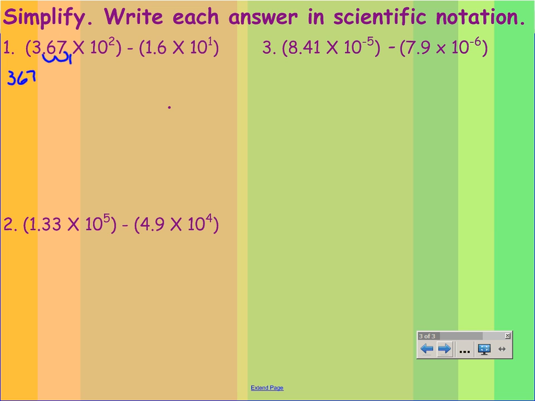And then 1.6 times 10 to the first, if I move the decimal one place to the right, really just means 16. So 367 minus 16, I bet you already caught that. 367 minus 16 gives me 351. If I'm writing 351 in scientific notation, then the answer is 3.51. We place a decimal here. This is where it was. That's 2 positions, times 10 to the second.